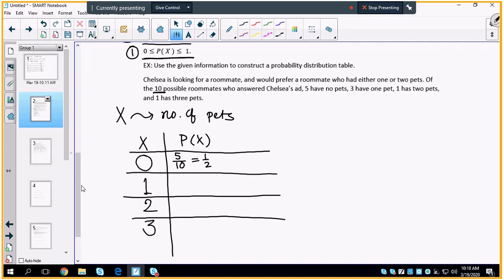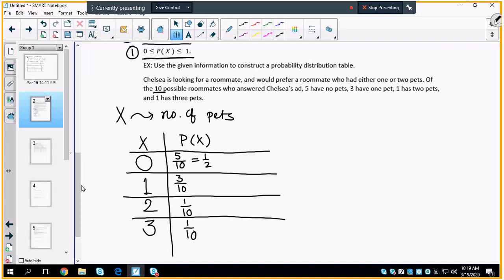For 1 pet, 3 people said that they have 1 pet, so it will be 3 out of 10. 2 pets, only 1 respondent said, so 1 out of 10. And 3 pets, that's also 1 out of 10. So this looks like a very nice probability distribution table.